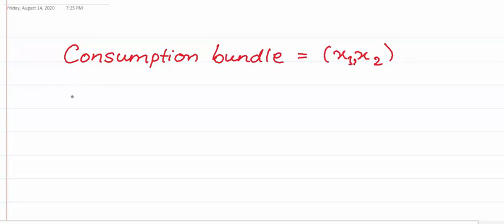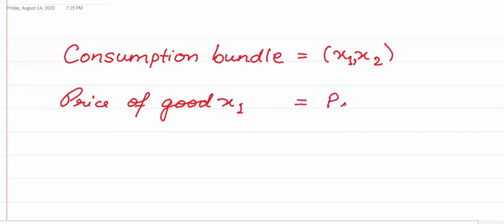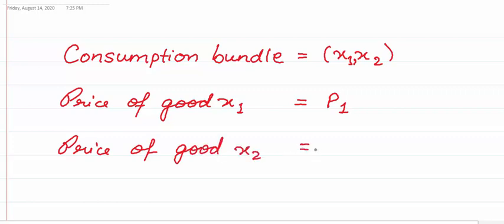Now let us assume that the price of good X1 is equal to P1 and the price of good X2 is equal to P2. We have also assumed that the income of the consumer is equal to M.